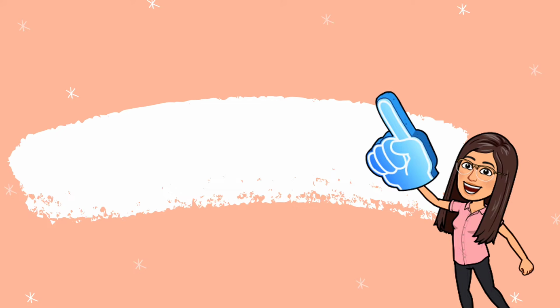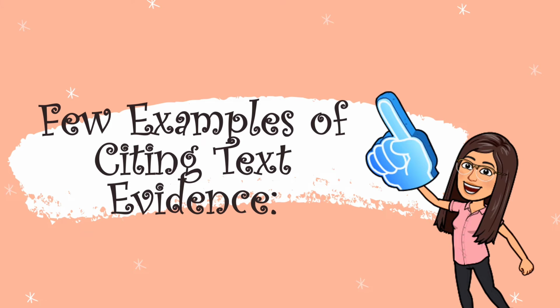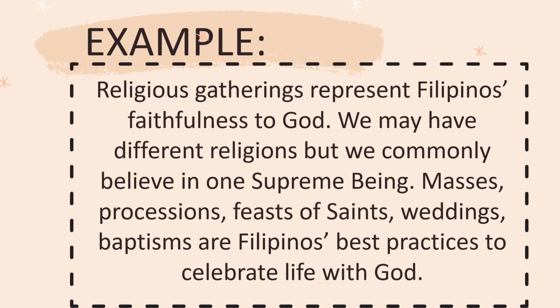Now, let's discover a few more examples of citing text evidence. Number 1. Religious gatherings represent Filipinos' faithfulness to God. We may have different religions, but we commonly believe in one supreme being. Masses, processions, feasts of saints, weddings, baptisms are Filipinos' best practices to celebrate life with God.